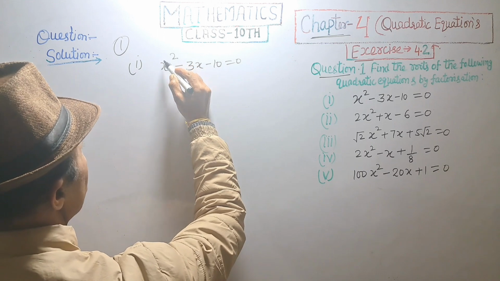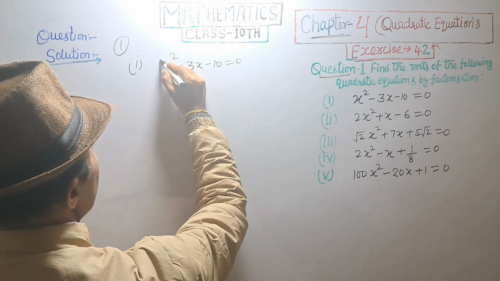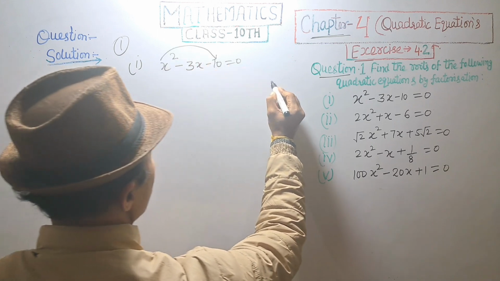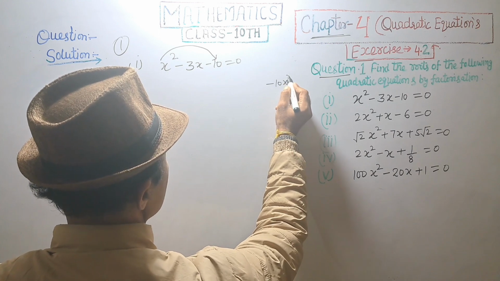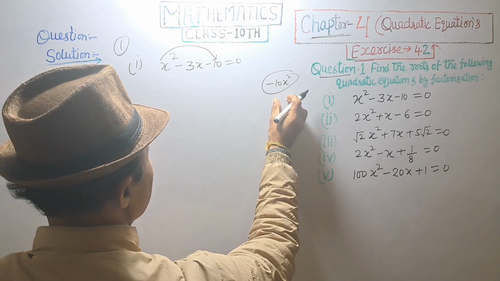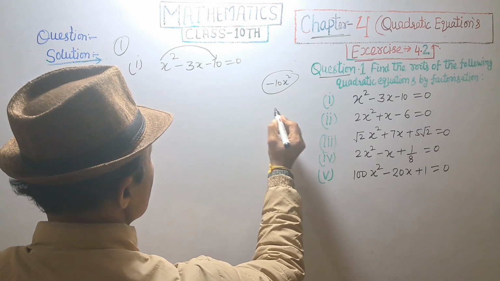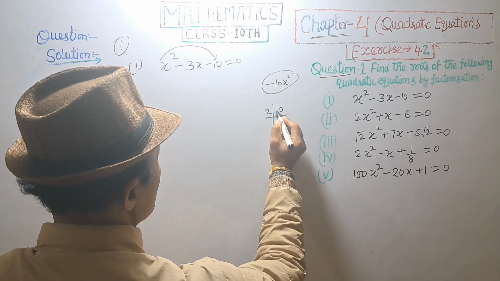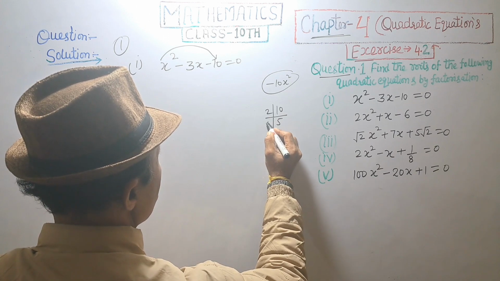Splitting middle term. First and last multiplication is minus 10x square. 2 5s are 10.